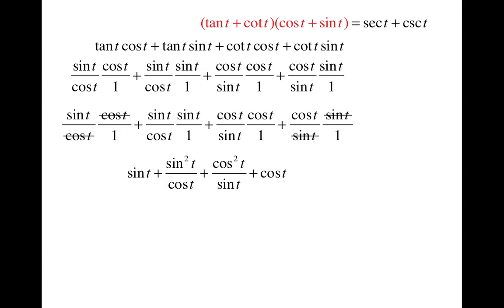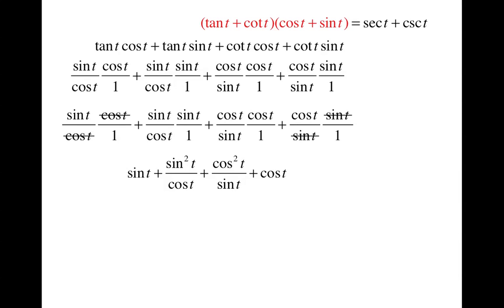The next step is the newest algebra strategy that you have not used in any other examples. If we look at where we need to go, secant t plus cosecant t, your brain should tell you you could rewrite those in terms of sine and cosine as 1 over cosine t plus 1 over sine t.